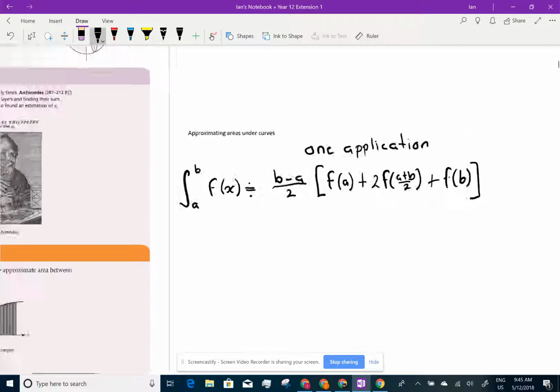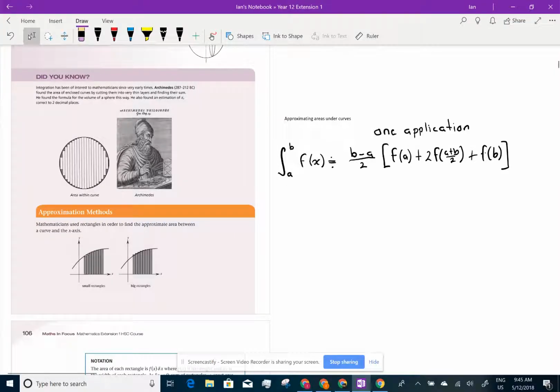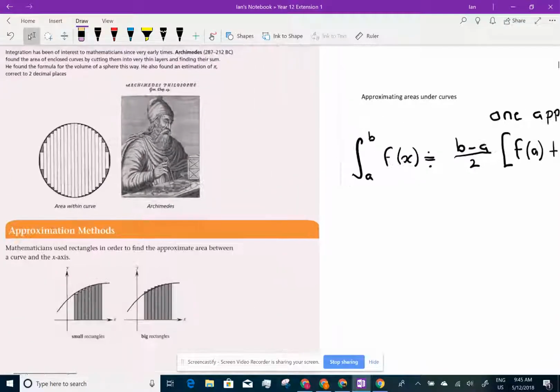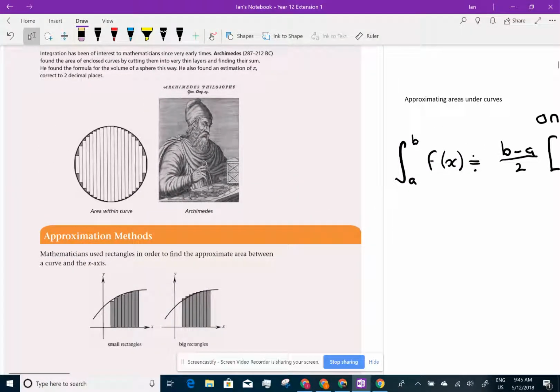So if we look over here, there's Archimedes, the great mathematician, who was very close to understanding calculus, which is doing things by infinite slicing. Now, he did work out pi, and other civilizations did as well, but he did that by doing a polygon inside and outside a circle and using lots and lots of sides to get a good approximation of pi.